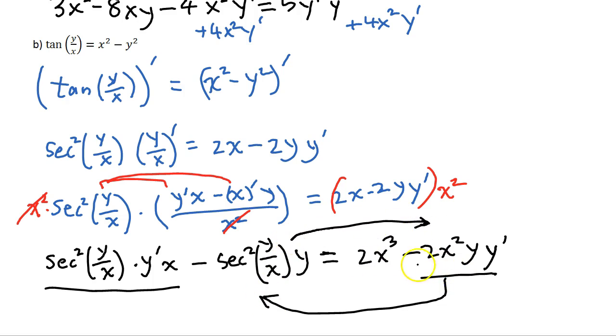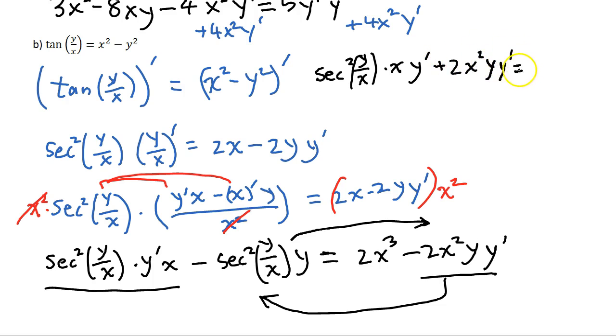Okay. So if I add this term to both sides, this is going to appear on the left side as a positive. So you're going to get secant squared y over x times x times y prime plus 2x squared y prime equals secant squared y over x times y plus 2x cubed.